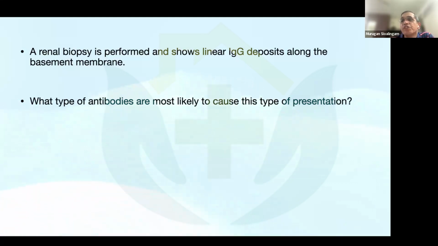The only way to distinguish that will be by looking at the immunofluorescence or by looking at the serum markers like ANCA, anti-GBM, etc. In the immunofluorescence, what you find in Goodpasture's is linear IgG deposit on the basement membrane, whereas in ANCA-positive vasculitis, it will be pauci-immune. What I mean by that is basically you do not see any immune deposits.